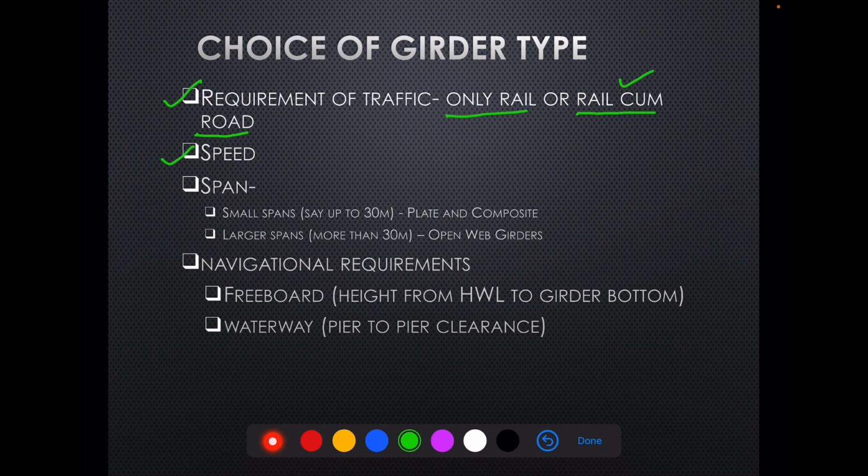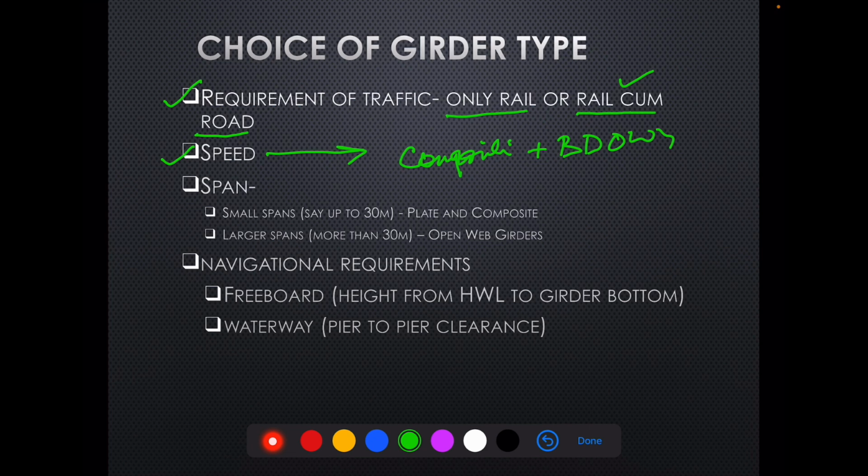Speed is a very important consideration for selection of type of steel girder. A study has been conducted, and it has been found that the girders which are having concrete deck, like we have seen two cases where we have composite girders, then we have ballasted deck open web girders where concrete decks are there.